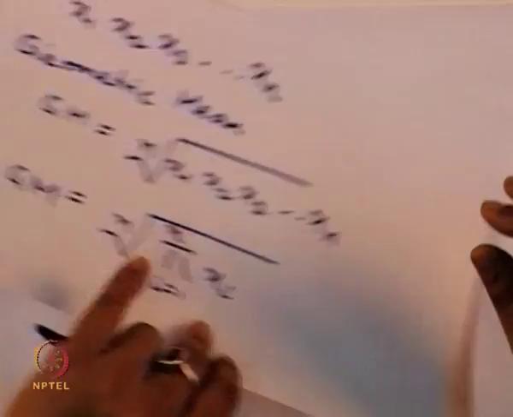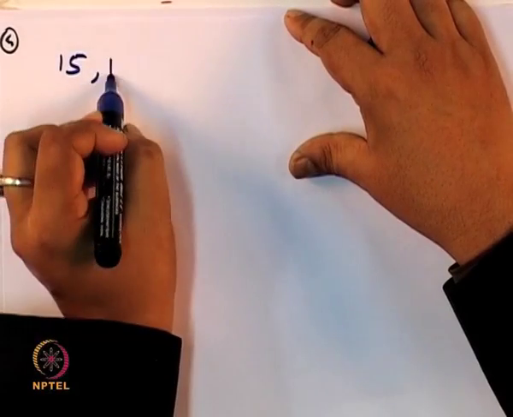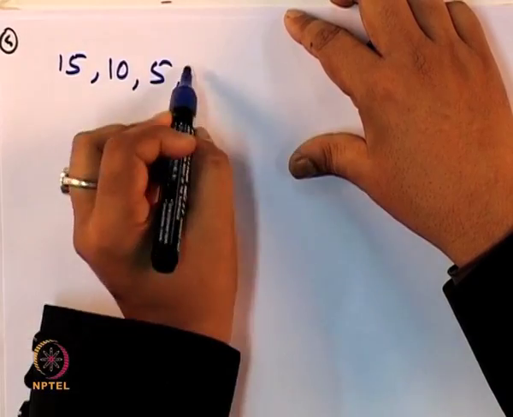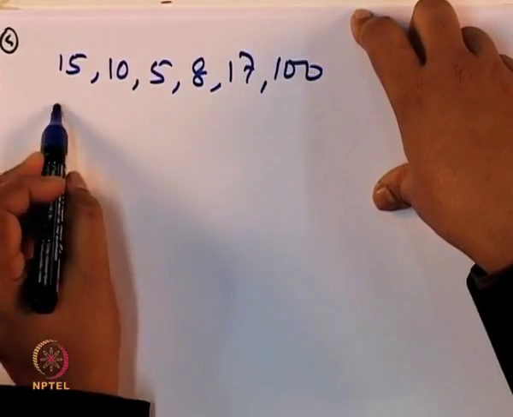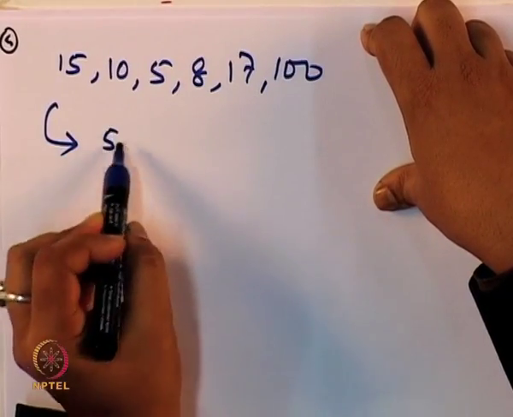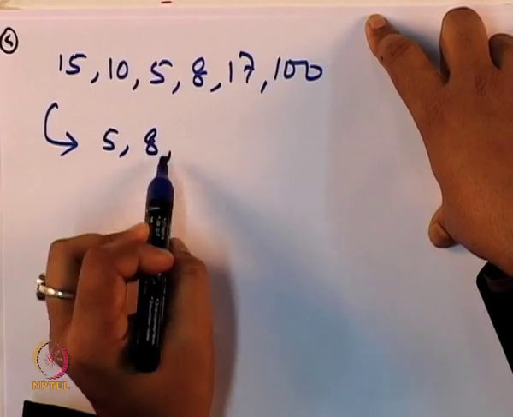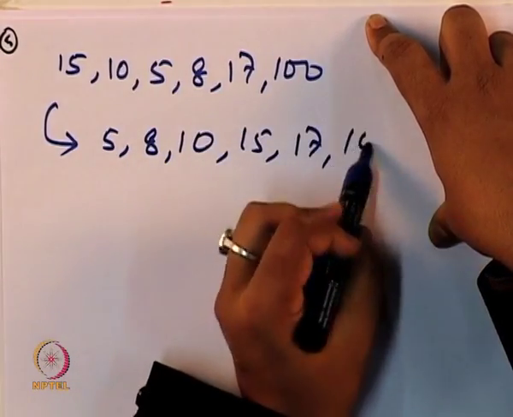Now, let us take an example and see what this rule does. So, imagine you have a data set as follows, which is 15, 10, 5, 8, 17, 100. If I were to sort these numbers in ascending order, I have 5, 8, 10, 15, 17, 100.